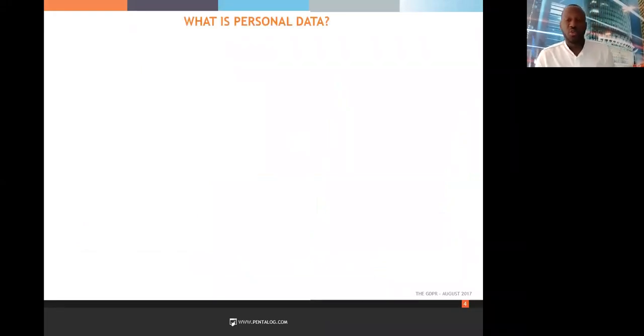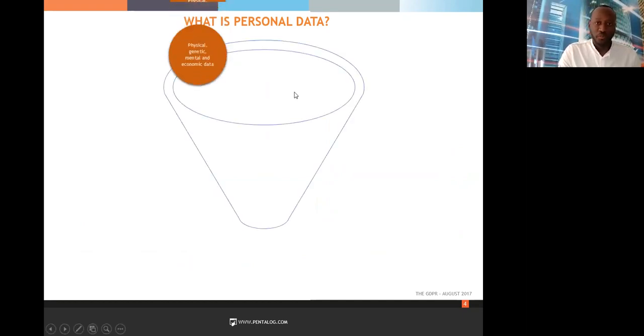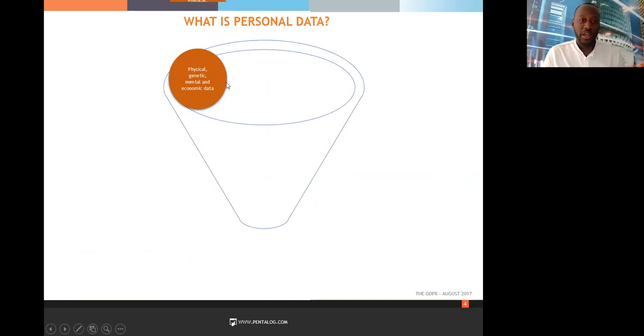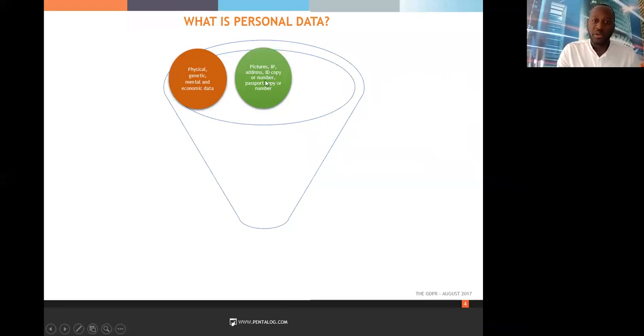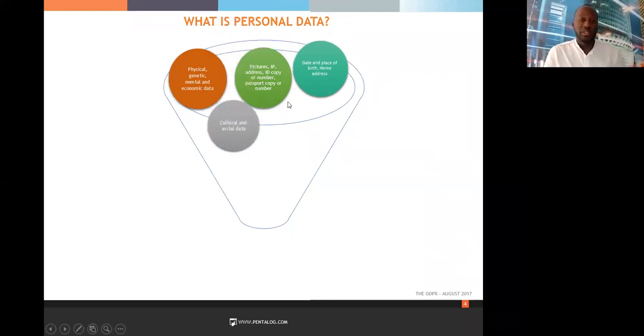from next year. So what is personal data? This is why we're here today, so it's very important to recall what personal data is. Personal data can be physical, genetic, mental, and economic data. It can be your picture, an ID, an IP address, your ID copy or ID number, your passport copy or your passport number. It can be the date and place of birth, your home address. It can be your cultural and social data, anything you have on your library card, for instance.